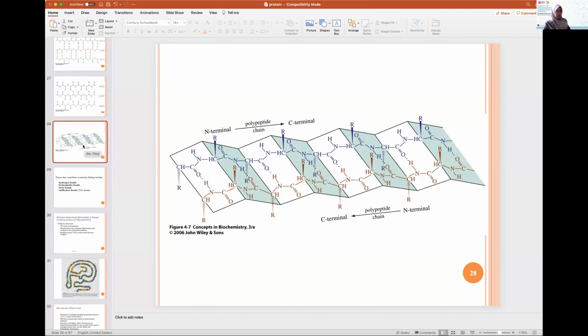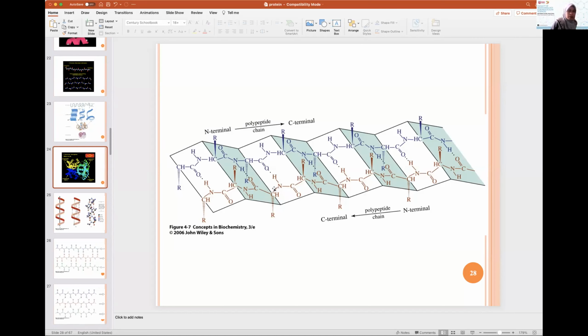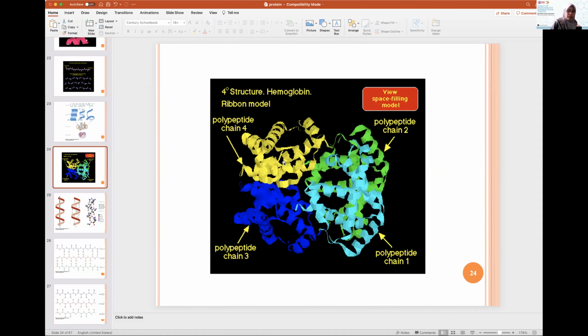Okay, so regarding the torsion angle, maybe we want to discuss a bit. Even for here, we have this complex tertiary structure. They are all maintained because of the torsion angle and then the interaction present in the protein.